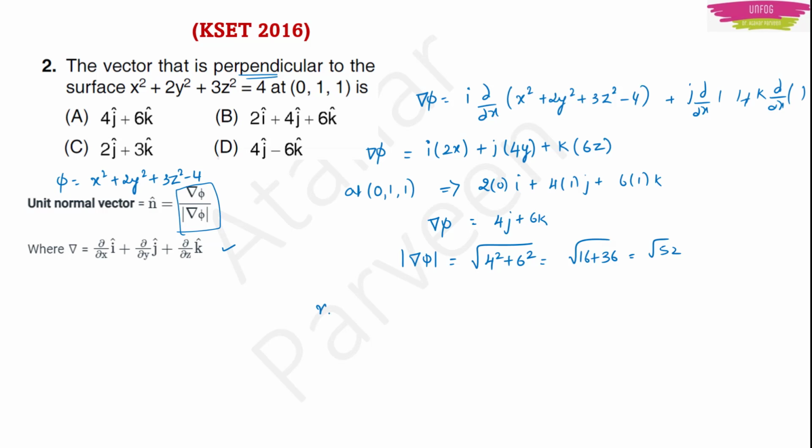Now the unit normal vector will be del phi upon magnitude of del phi, equal to 4j plus 6k upon square root of 52, or 1 by square root of 52 into 4j plus 6k. This is the right answer, but in the options no option is there of this sort. In the answer key they have given option A as the right answer, but this is the wrong answer. Maybe they have given grace marks in that exam. Okay, so this is the right answer for this question.